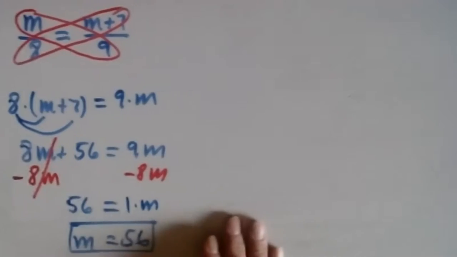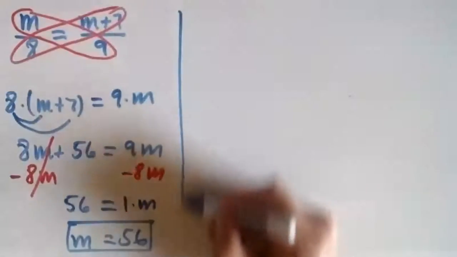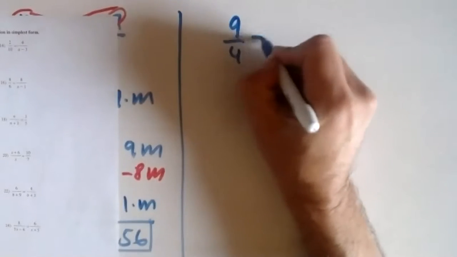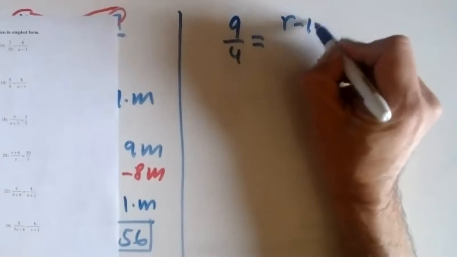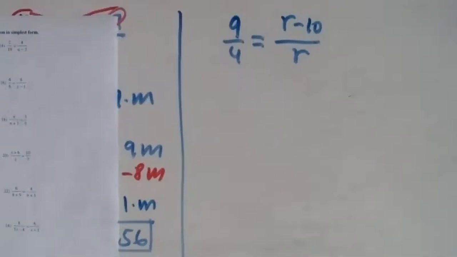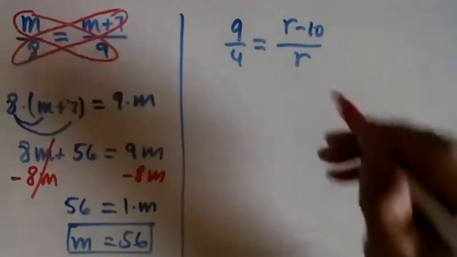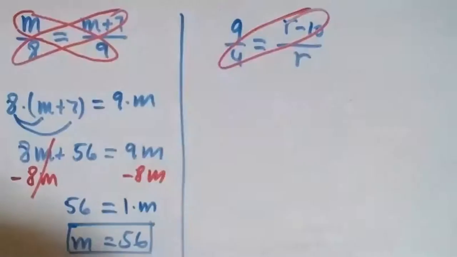One more. Let's do one more. Okay? So you have 9 over 4 equals r minus 10 over r. Same procedure. You identify the diagonals.